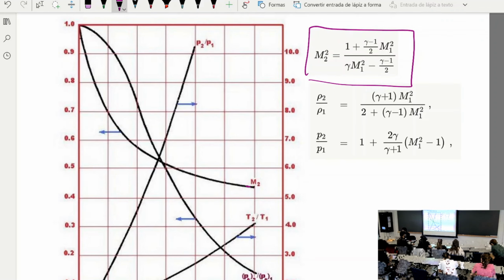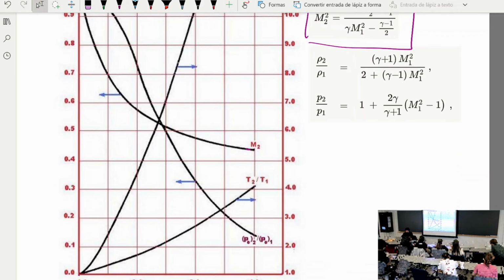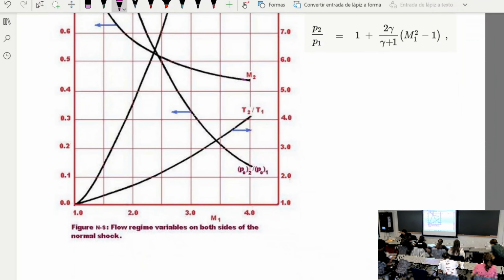Essentially, as Mach number increases further beyond 1, the downstream Mach number decreases lower and lower. And this portion, when both upstream and downstream Mach numbers are close to 1, we call a weak shock.